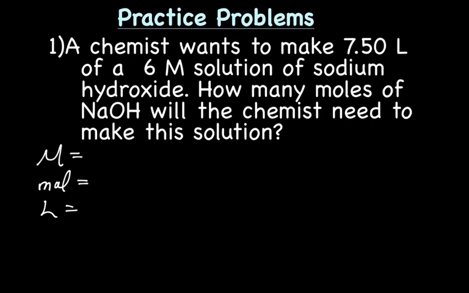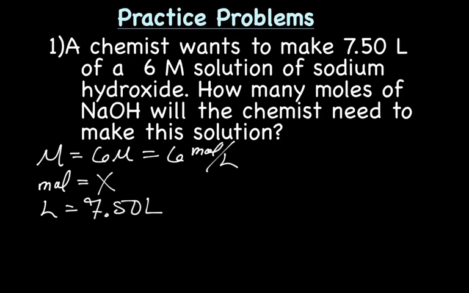Our molarity is a 6 molar solution, and since we're solving a problem, I'll write that as 6 mole over liter. We don't know how many moles, and we do know that we have 7.50 liters. Now we're just going to plug this into the formula.